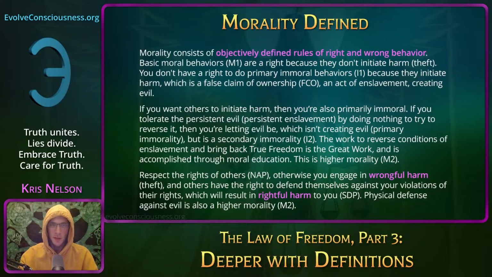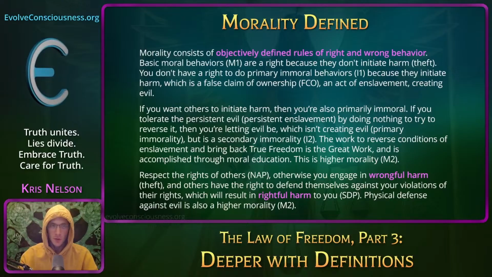So the basic morality is M1, you don't initiate harm. If you do initiate harm, that's something you don't have a right to do, and that's primary immoral behavior, that's I1. If you want others to initiate harm, even though you're not doing it yourself, then you're also primarily immoral, that is I1.